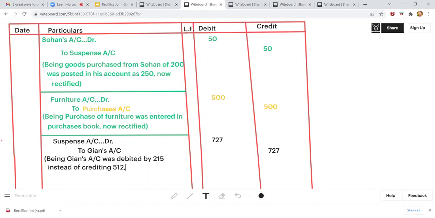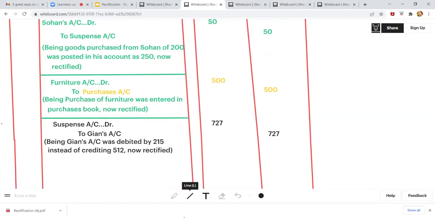That is the mistake, right? Now rectify. Is there any doubt, Khushi, in this part? No, ma'am.